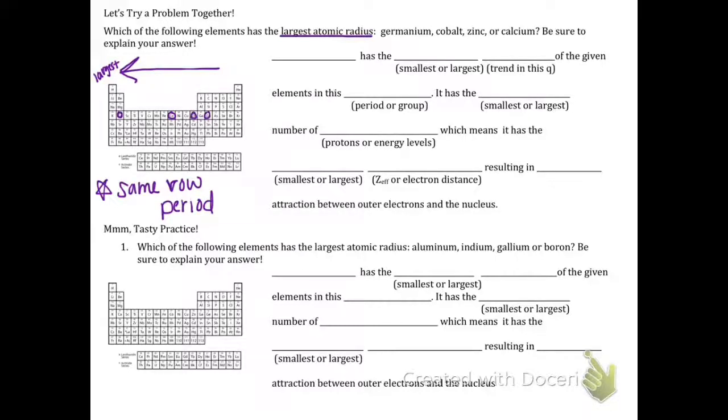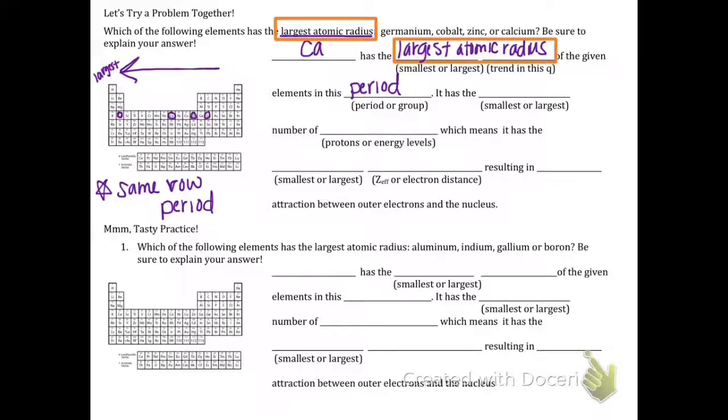So now let's answer the questions in the sentence. Calcium then has the, so let's color code our way to victory here. The largest atomic radius is part of our question, which then should go exactly here. So largest atomic radius of the given elements in this. And we know that it's a row, so we're going to call this period.